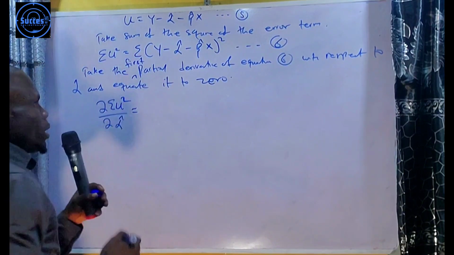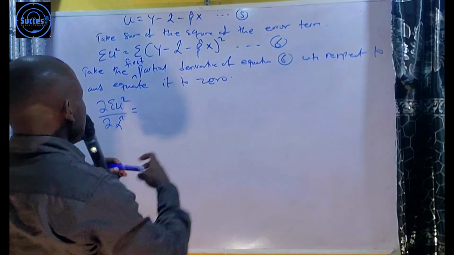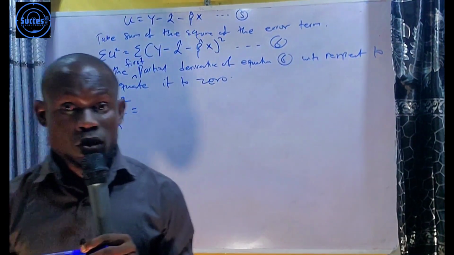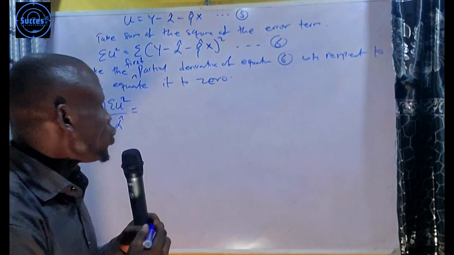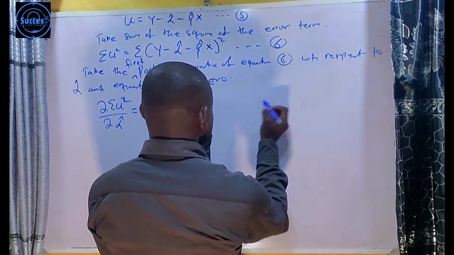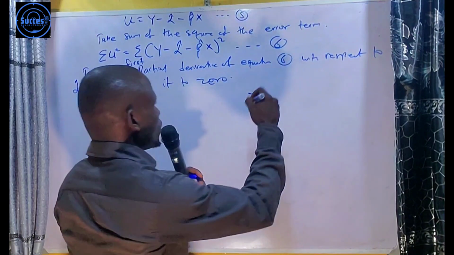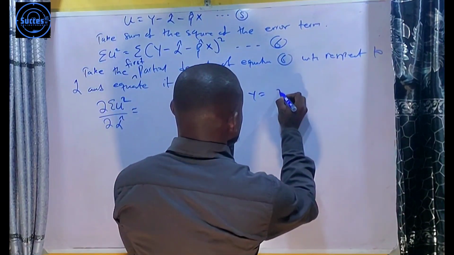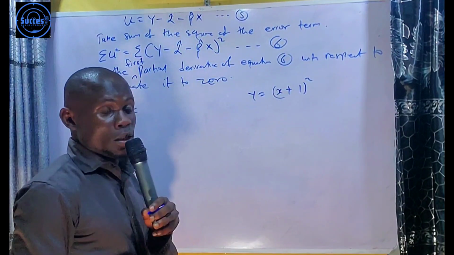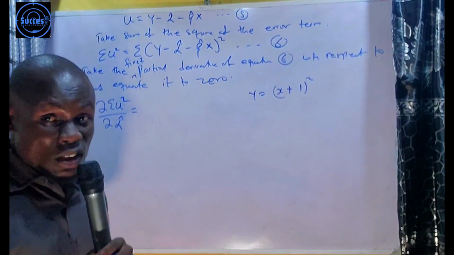Now don't forget, what you have here is a function of a function, which means you are applying the chain rule. For instance, you are having y equals s plus 1 raised to power 2. This is a sample function of a function.